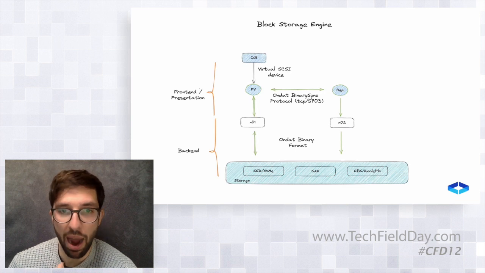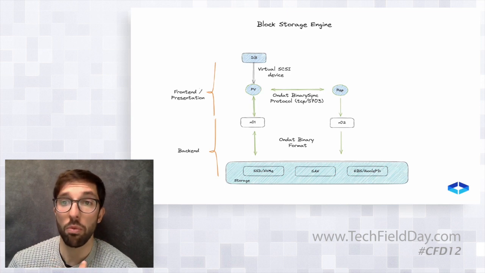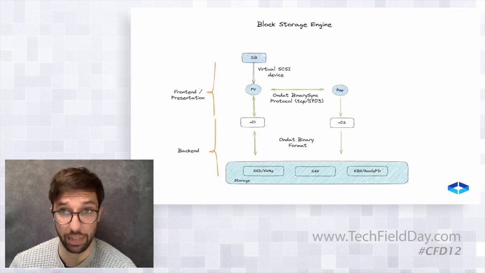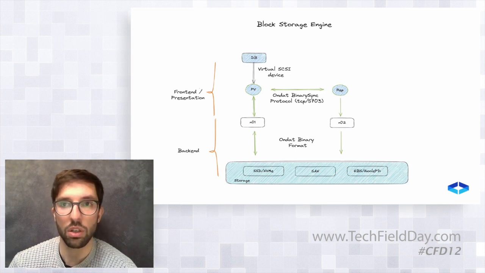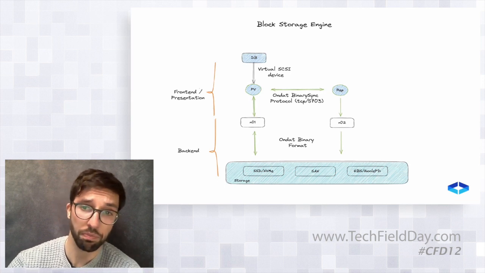So we have our own binary format to write to disk, and our own binary synchronous protocol to make sure that we are really fast on sending data across the network. Once this block of data is sent, we can control exactly how we do things to maximize performance.